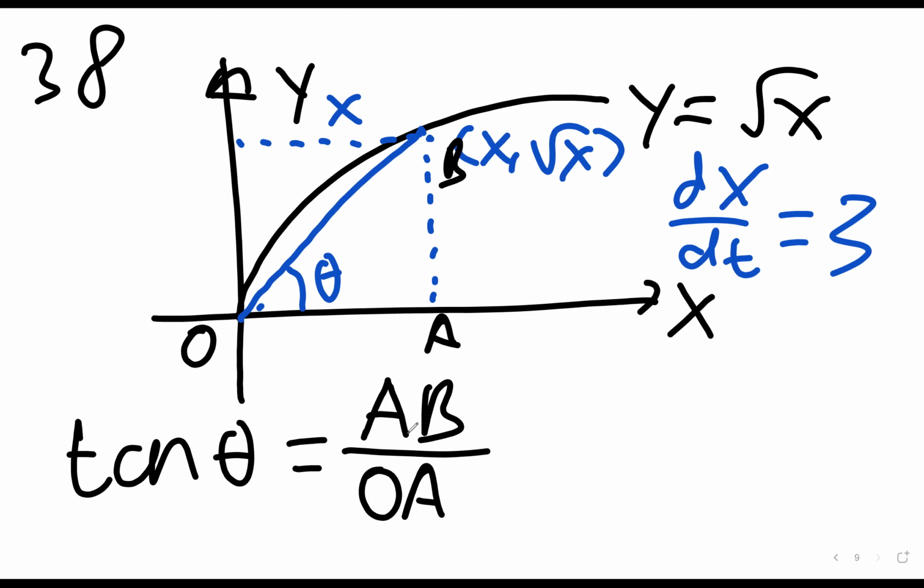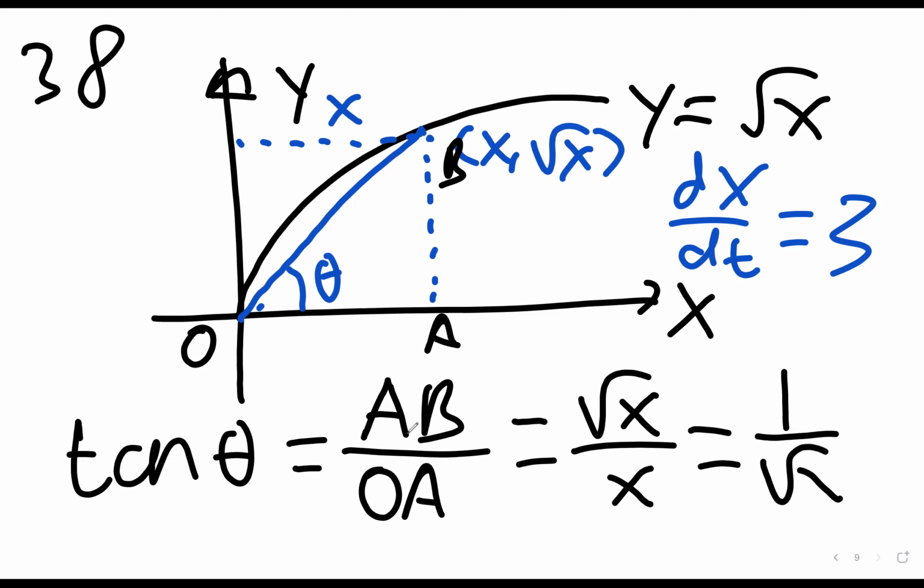In this case, AB is square root of x, and OA is x. So I have 1 over square root of x. That's tangent theta.